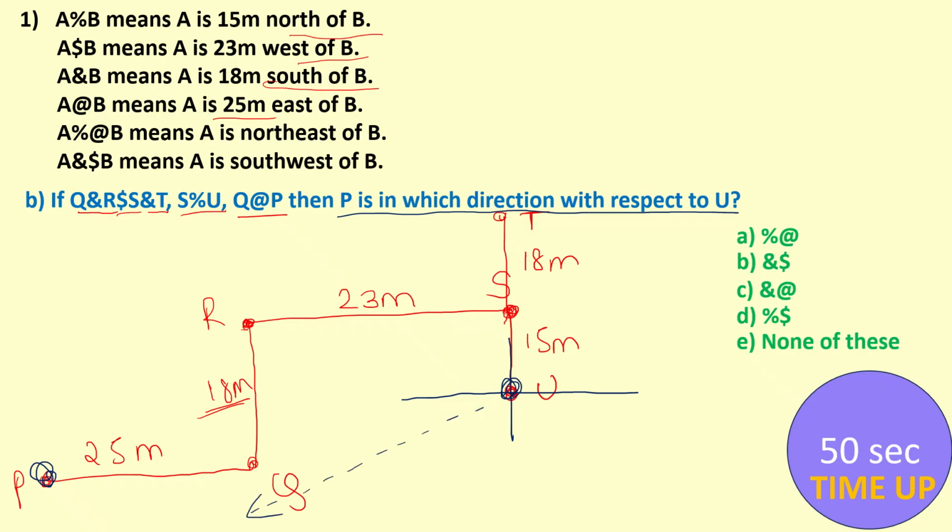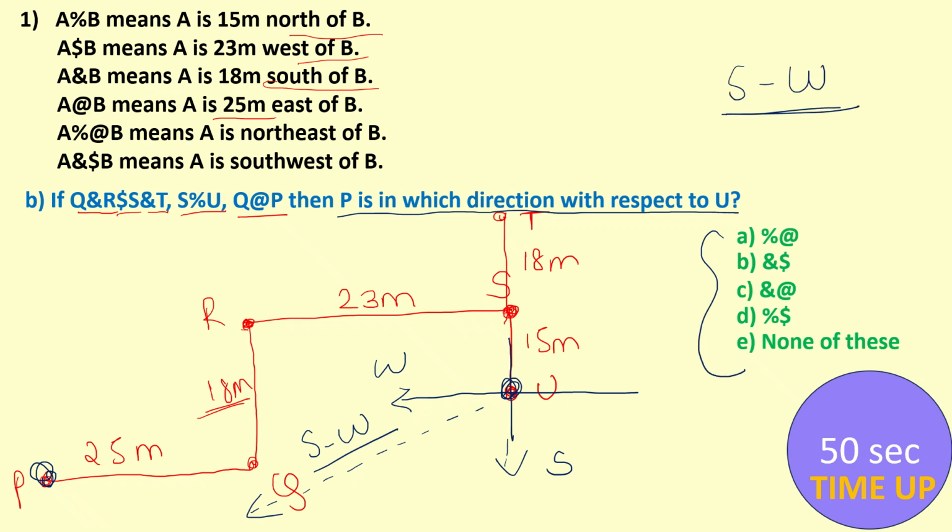If this is west, this is south, then P is in the middle of south and west. So it is in southwest direction. But in the options, they have not given you southwest directly. They have converted these options also in the place of symbols.